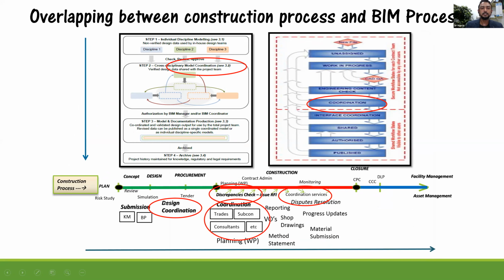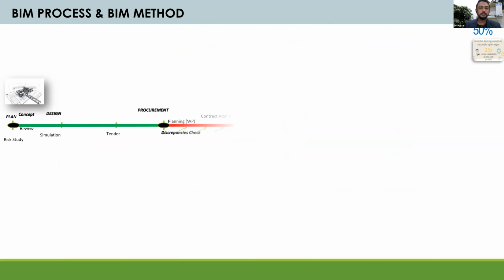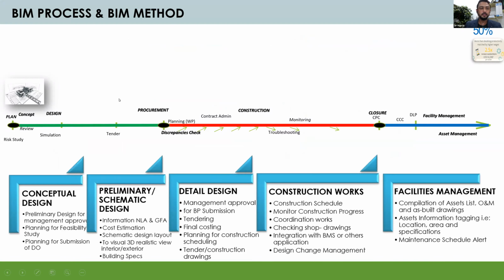This is the process of ensuring that the information is correct before you get it to the site. Again, this is the whole construction life cycle: this is the design stage, this is your construction stage, and the closure and FM stage.